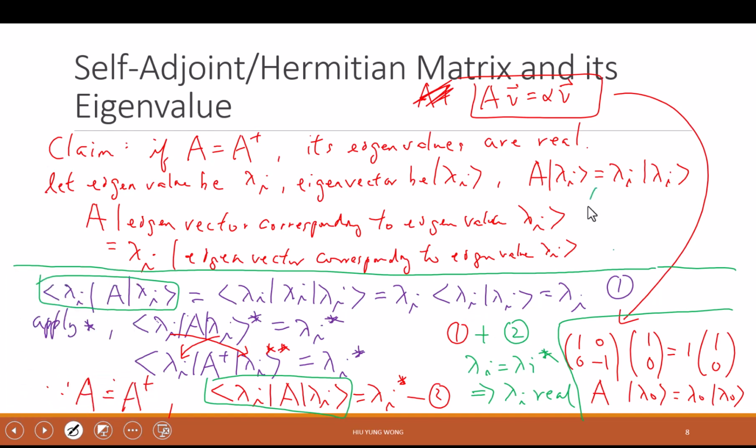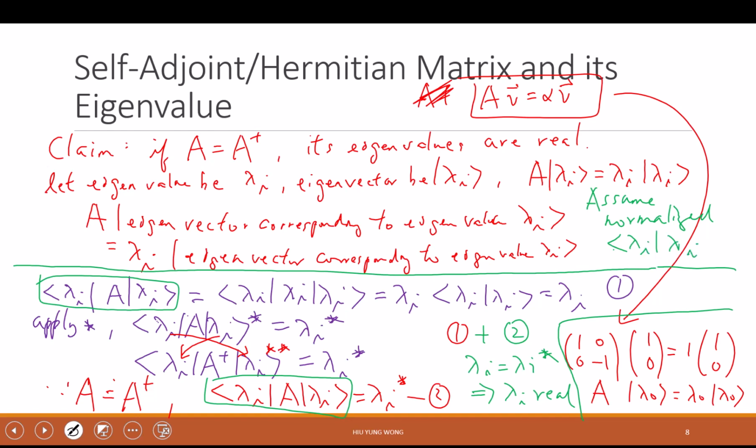Assume normalized. Maybe I don't need to assume normalized. I mean, if I keep it, I will get the same results. But here, for simplicity of proof, I assume it is normalized.